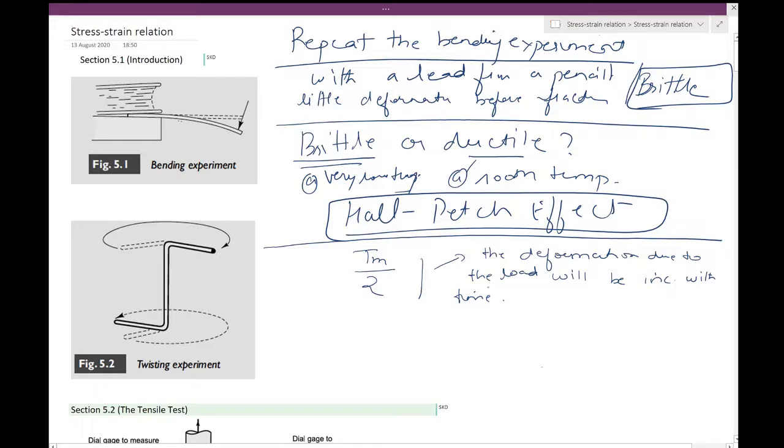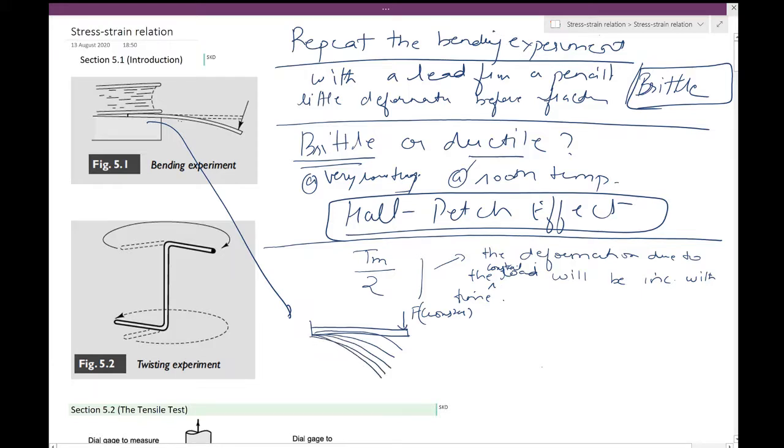Well, the trick over here is a constant load, meaning you take this material, and you apply a load on it which is constant. Don't increase this, and then you will see that the deformation will keep on increasing as time passes.